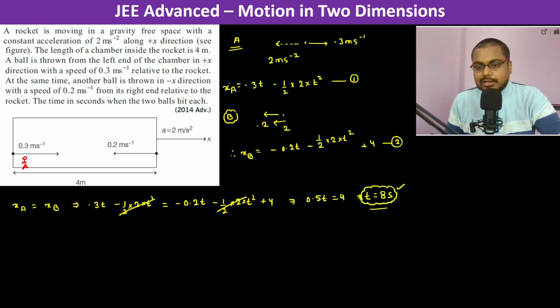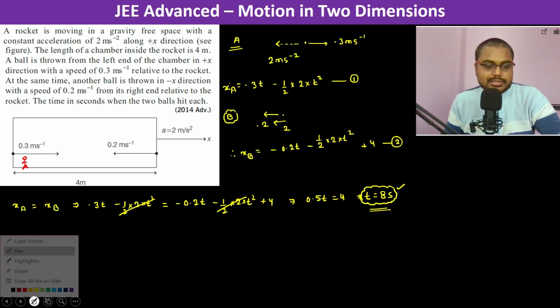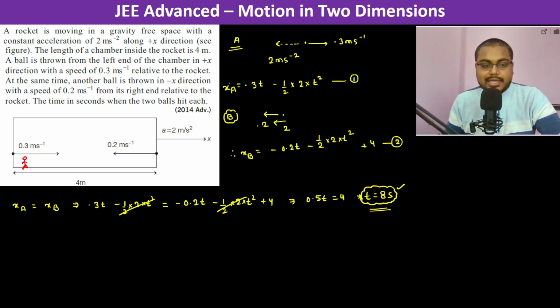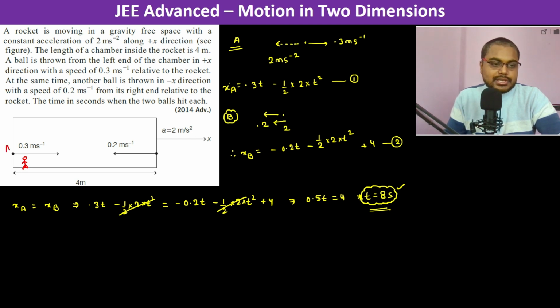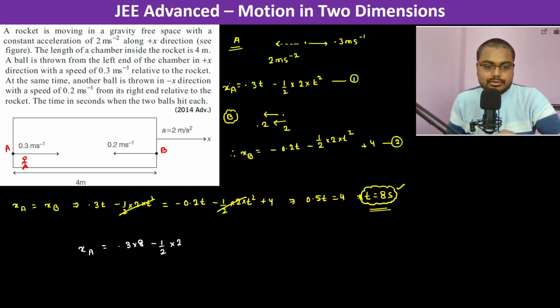So now if we calculate in t equal to 0 to 8 seconds where the ball A goes, we are taking this as A and this as B. So if we see where the ball A goes, the x coordinate of A becomes 0.3 into 8 minus half into 2 into 8 into 8.